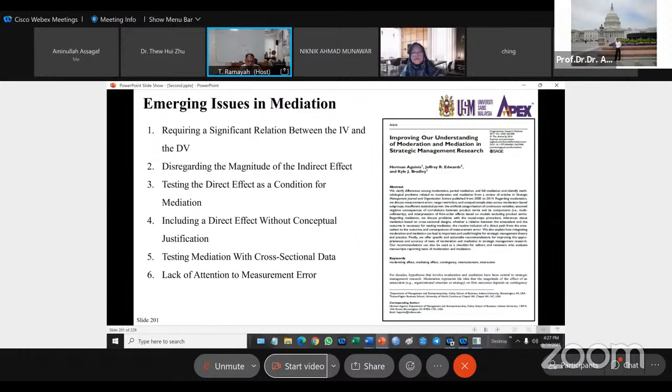That kind of theories, they already have mediation in the theory. So now we can argue we are testing mediation based on the theoretical argument. That is possible. That's what he mentioned to me. Other than that, if you do mediation analysis with cross-sectional data, but your theory has only independent and dependent variables, it's very difficult to defend.